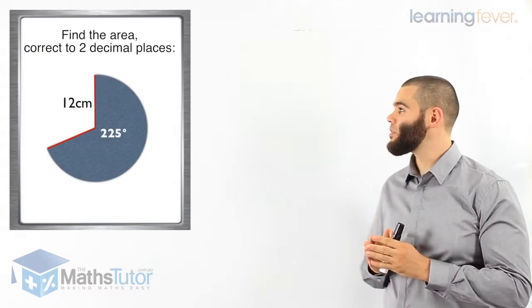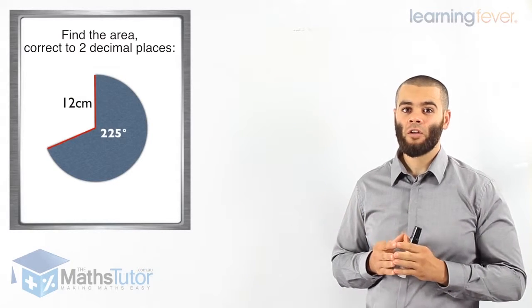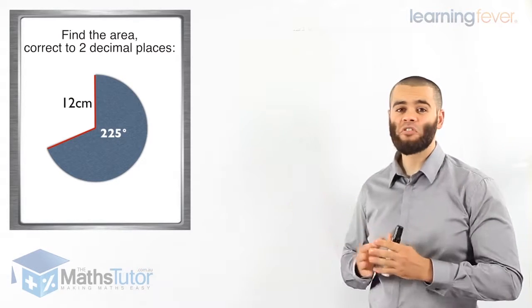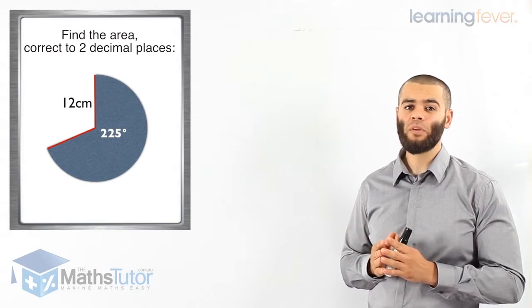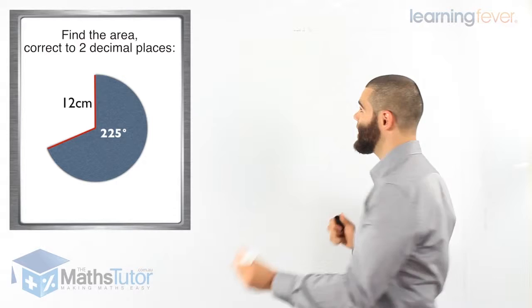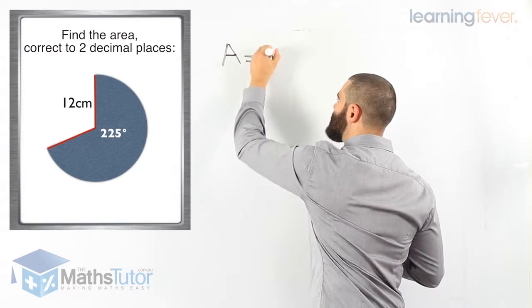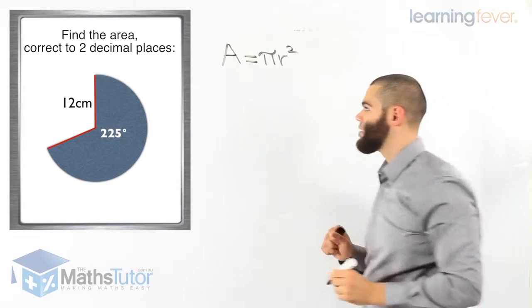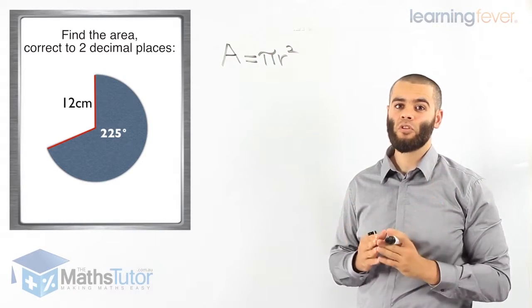Our last example. Again, we are asked to find the area of this figure. We notice that again, it's not a full circle. It's part of a circle. So again, we use the same formula, A equals pi r squared. Let's write that down. A equals pi r squared. That is for a full circle. Here, we only want a portion of a circle.